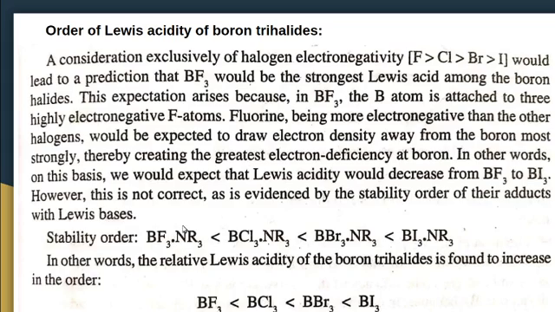So when we consider the Lewis acid-Lewis base adduct stability order, if BF3 has high Lewis acidity, it should form a strong adduct with the Lewis base NR3, but that is not what we observed.